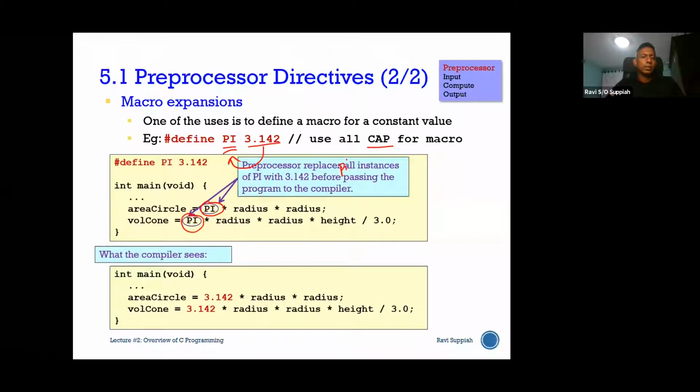So this is what I said just now. Your compiler will automatically replace all the constant values, I mean these definitions, with the actual values that you specify.